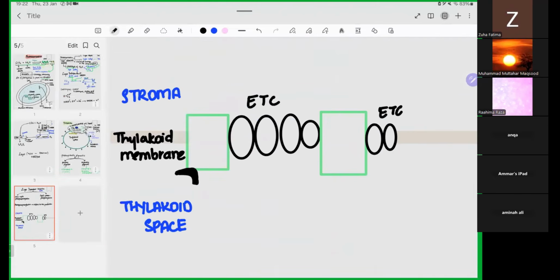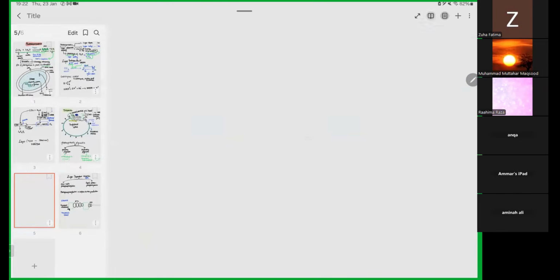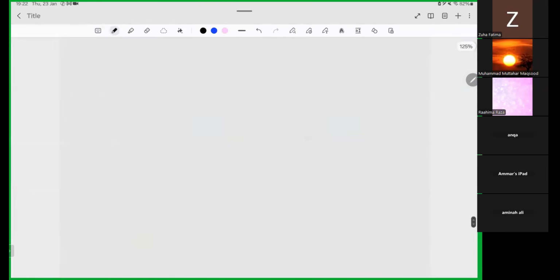Now, I'm going to quickly recap with you guys what we did yesterday, as in the brief summary that we discussed of light dependent and the light independent stage. So I want you guys to actively recall with me. Now, can you guys tell me what are the reactants or the starting ingredients of photosynthesis? What do we need for photosynthesis to start?